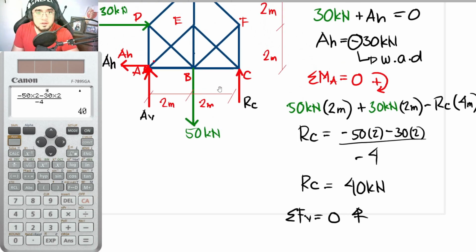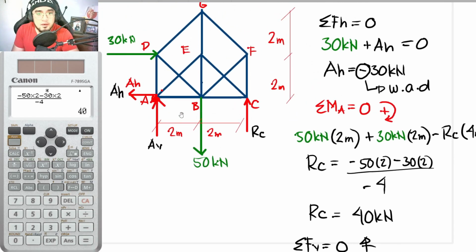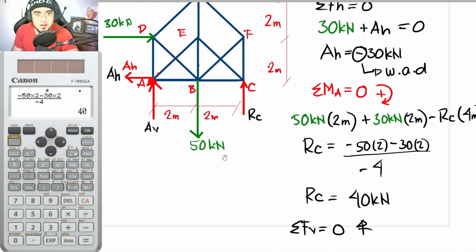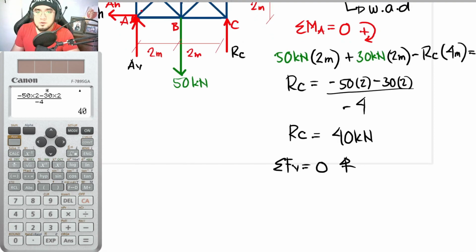So summation of forces vertical. So what are the vertical forces acting here? So we have AV, we have 50 kilonewtons, and RC. So I have assumed RC to be vertically upwards. Well, actually, it is really vertically upwards, which is 40 kilonewtons upwards. And I have written here AV to be upwards also. So, okay, since AV is upwards, so positive AV, then 50 kilonewtons is downwards, so negative 50 kilonewtons.